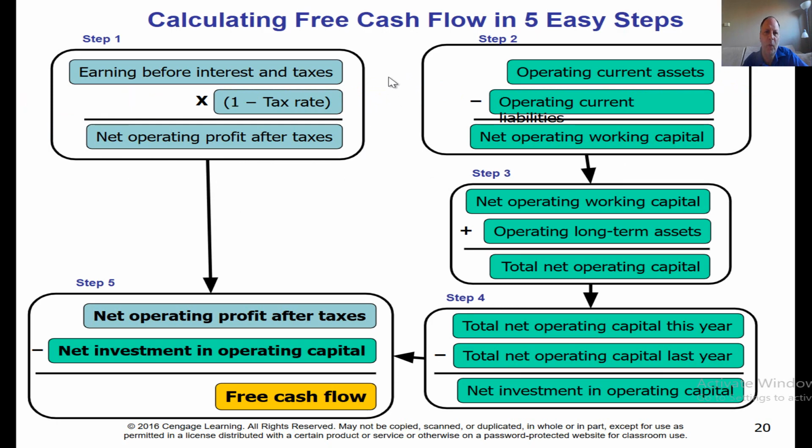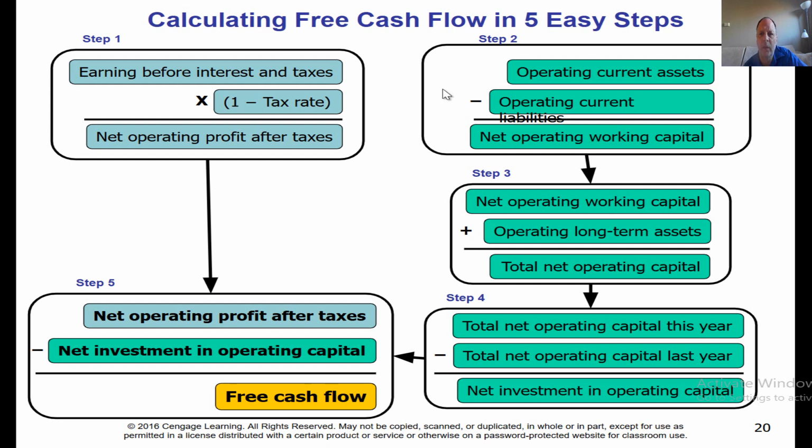We can summarize by looking at this graph on how to calculate free cash flow in 5 easy steps. You start by getting EBIT, or earnings before interest and taxes, off of the income statement. Multiply that by 1 minus the tax rate to get net operating profit after taxes.